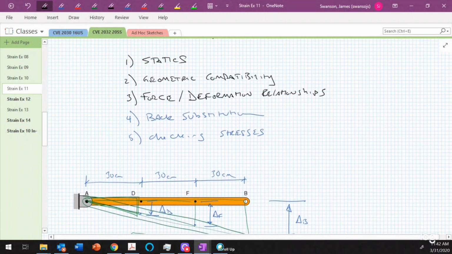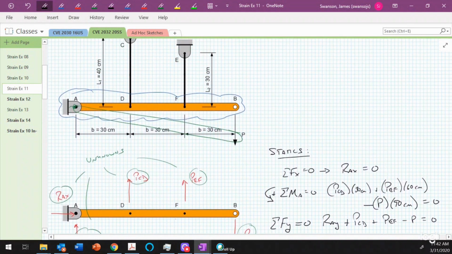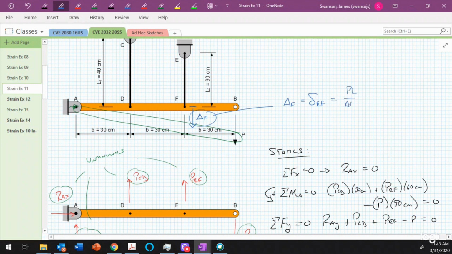Now, if we go back up to the top, we could look at the original image. Let me go ahead and erase that balloon. And we could see that this displacement here is going to be equal to delta F, but delta F is also equal to the amount of stretch that you get out of wire EF, and that's equal to PL over AE for wire EF.